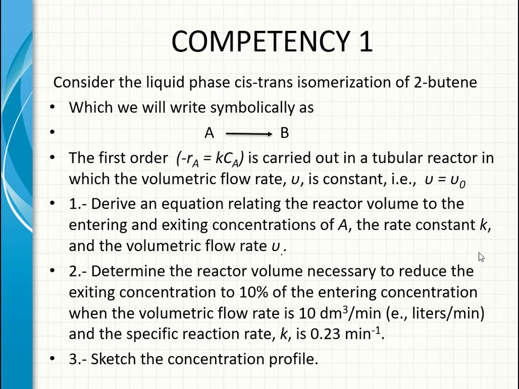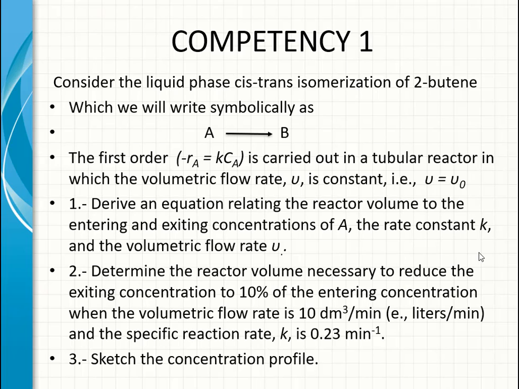They ask us, first, derive an equation relating the reactant volume to the entering and exiting concentrations of A, the rate constant K, and the volumetric flow rate V. Second, determine the reactant volume necessary to reduce the exiting concentration to 10% of the entering concentration when the volumetric flow rate is 10 dm cubed per minute.